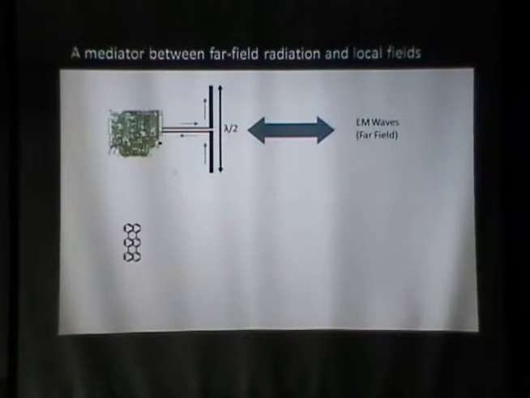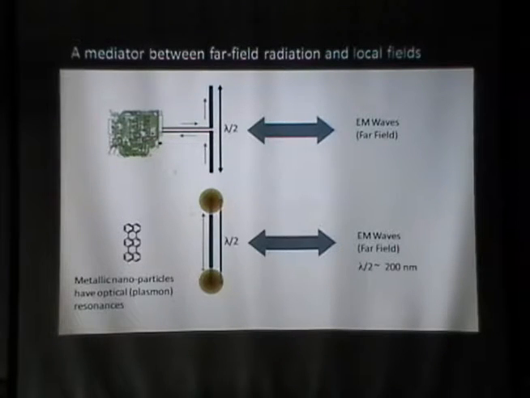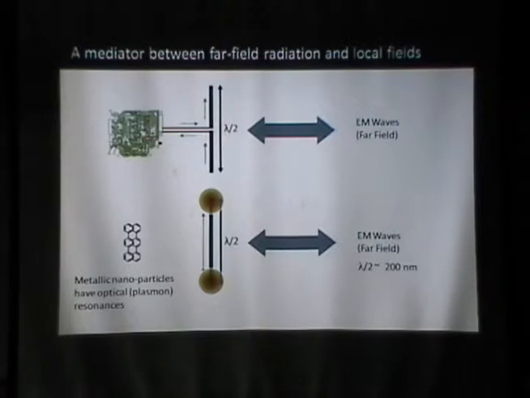You know molecules also interact with radiation. We know the electronic transitions can be done by light absorption, and we would like to control that or to enhance that. So we cannot wire an antenna to a molecule, but what we can do is use metallic nanoparticles, which are resonant at optical frequencies, the same frequencies that molecules absorb light.